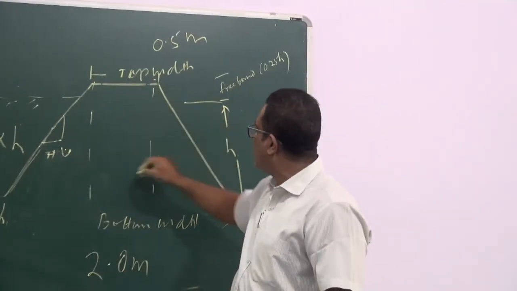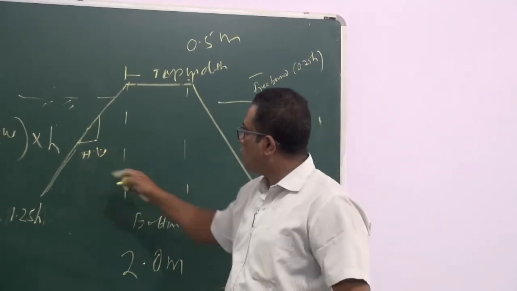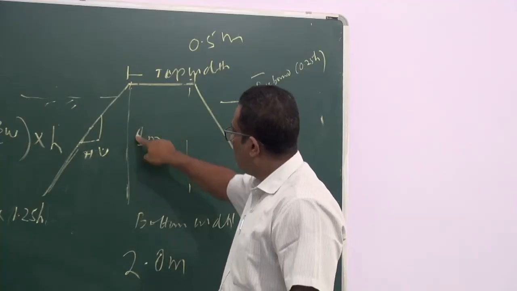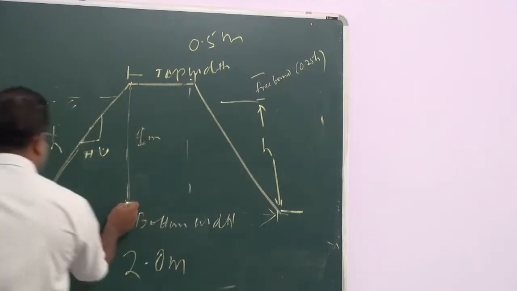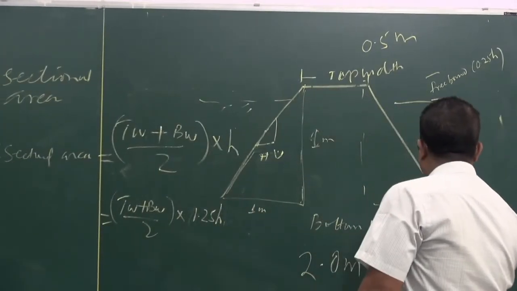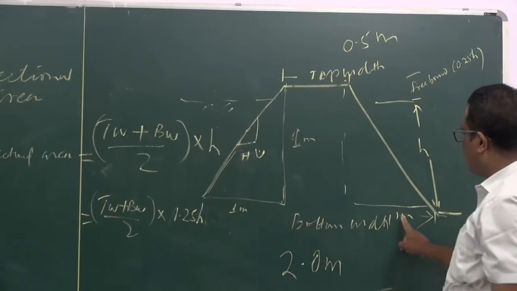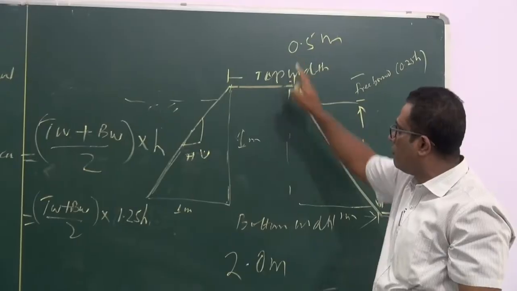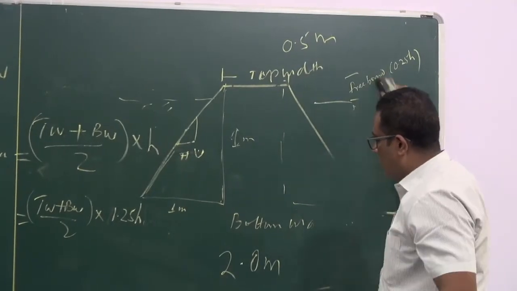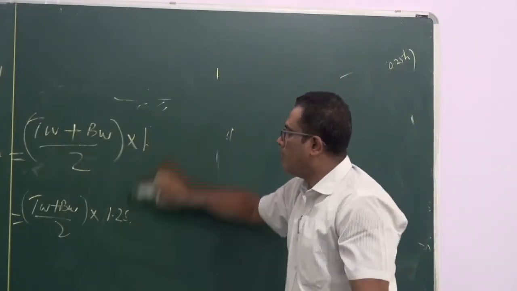Suppose this is the top width and the height we know, then say it is 1:1, meaning the total depth will be 1 meter, and this 1:1 means this will also be 1 meter, and this will also be 1 meter, and this is say 0.5 meter, then it would be 1 plus 1 plus 0.5, that is 2.5 meter. So this way you can also compute the cross-sectional area of the bund.